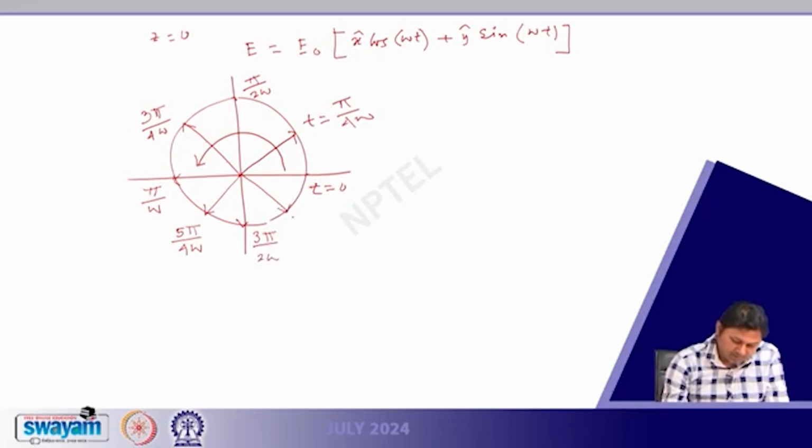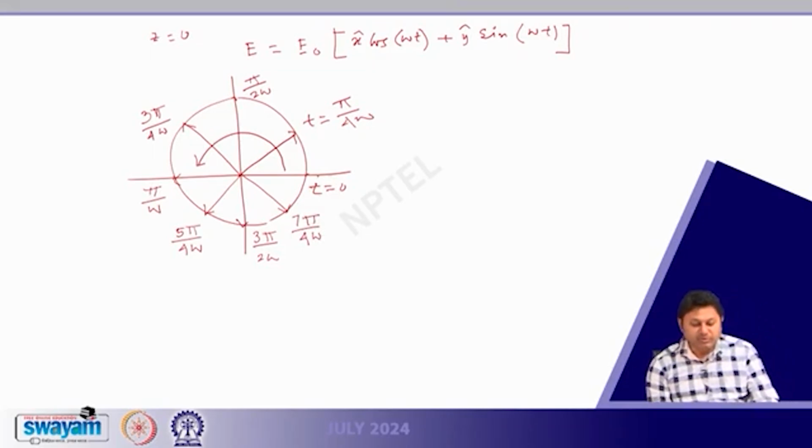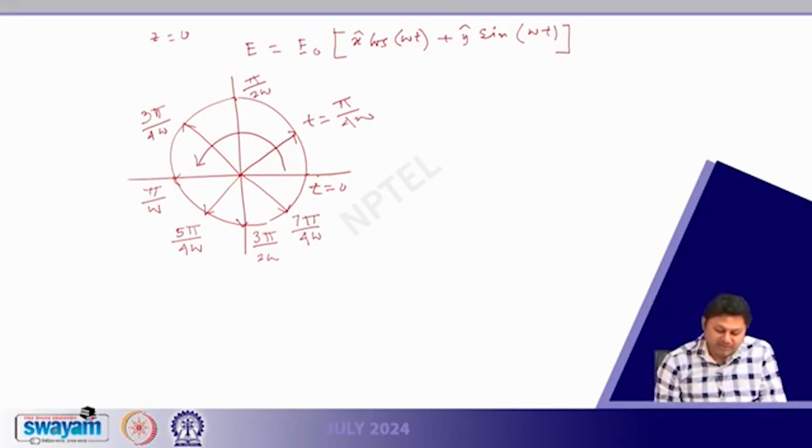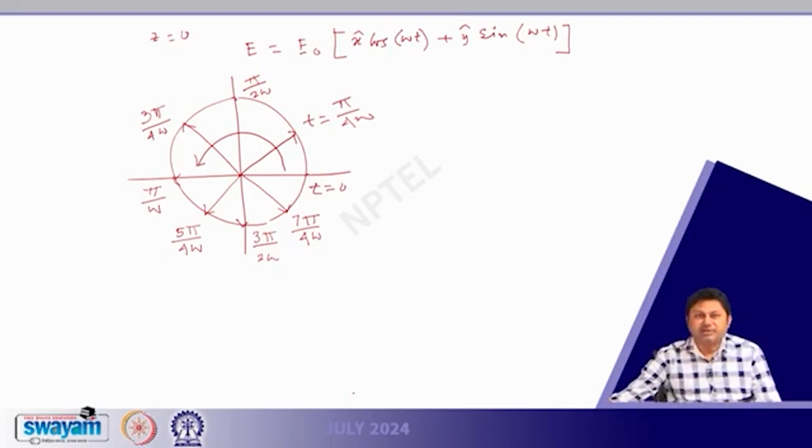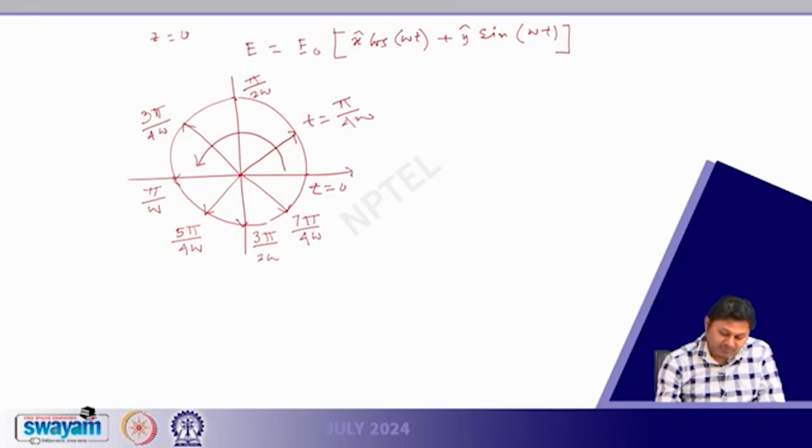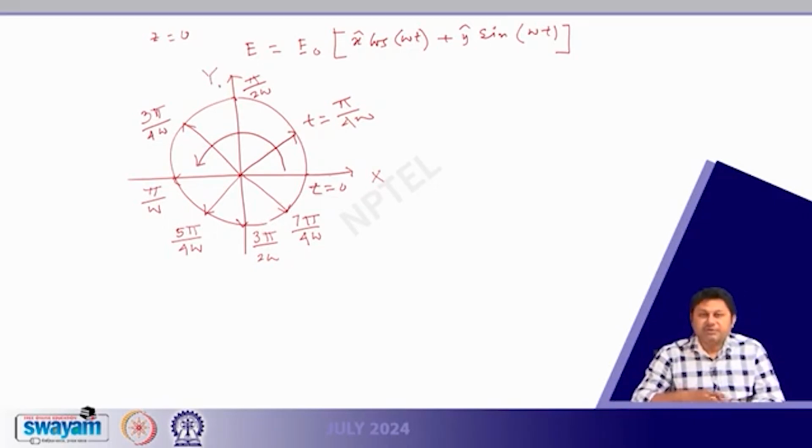At this point it will be 7 pi by 4 omega, and again we will come back to this point when we have 8 pi by 4 omega, or 2 pi by omega. So in this way we understand today how the electric field for circularly polarized light changes its direction, and in this case we find that it is moving in the left direction. That is why I call it left circularly polarized light.